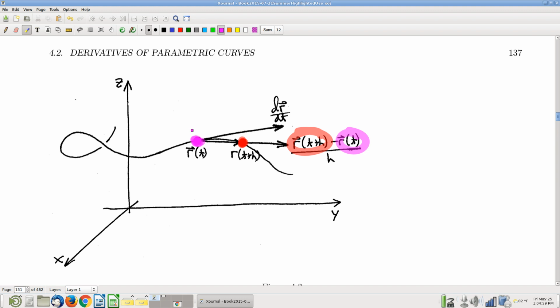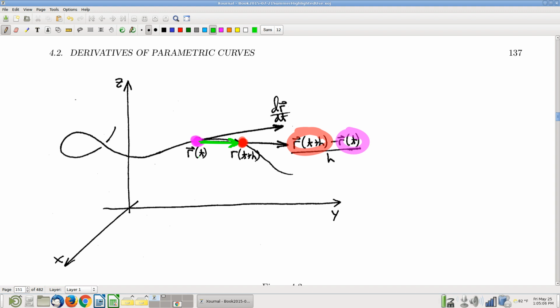But in this numerator, we're referring to 2 different points on the curve. Now we're looking at the difference of those 2 points on the curve. And that difference, it's not a tangent vector. Here, let me use a pencil. It's not a tangent vector exactly. But it's kind of close to tangent, sort of.